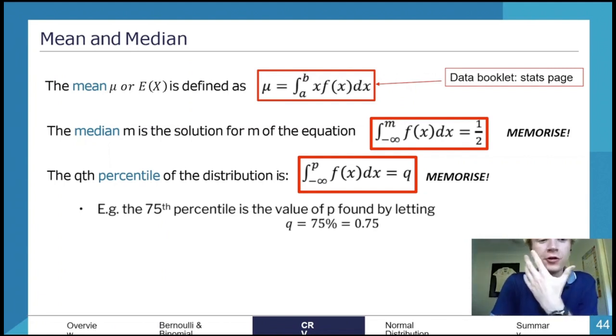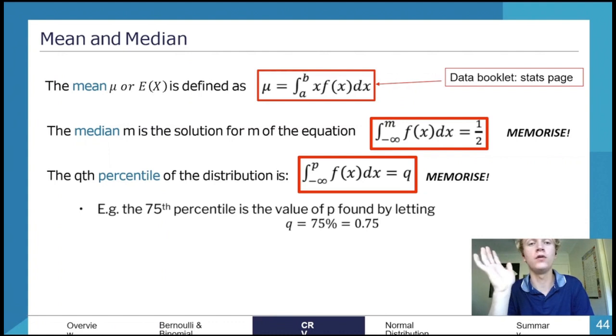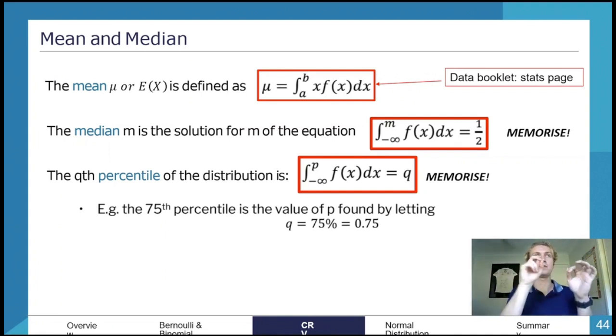However, you don't know the median and you don't know the percentile. So one thing I will get you to memorize, and write down, are these two formulas here. A median is another measure of central tendency, being what actually is the middle. The mean is like the average, but the median is if we arrange all the numbers in order, the middle value.